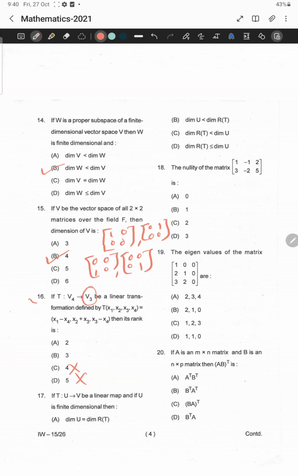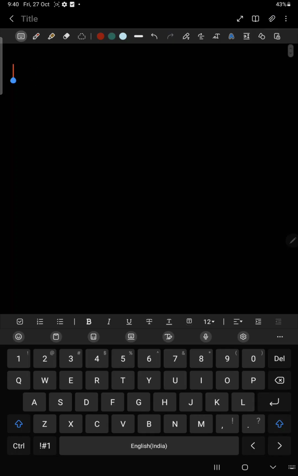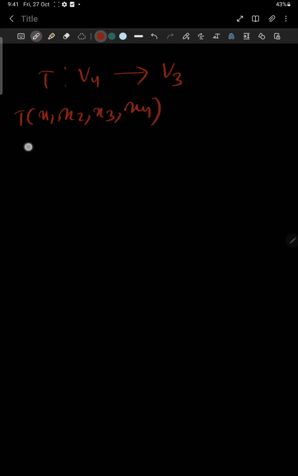In the question, T is a mapping from V4 to V3 and it is defined as T of x1, x2, x3, x4 equals x1 minus x4, x2 plus x3, x3 minus x4.